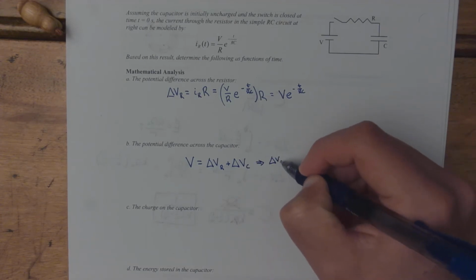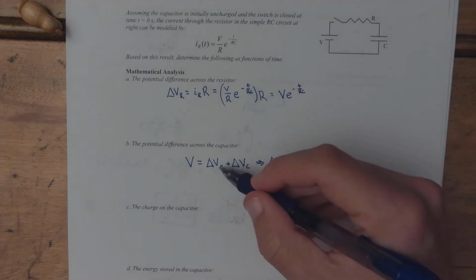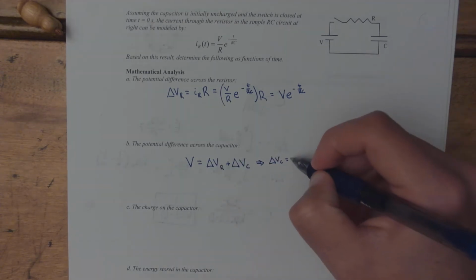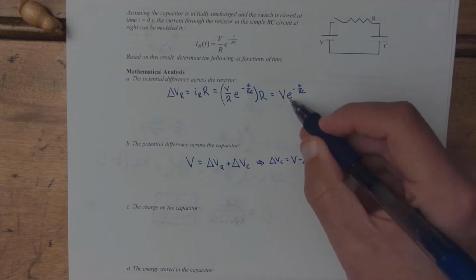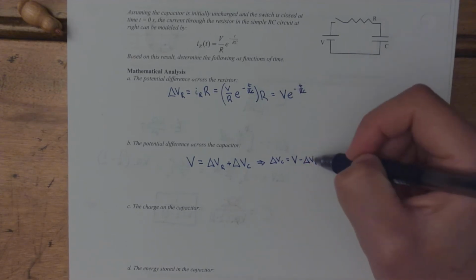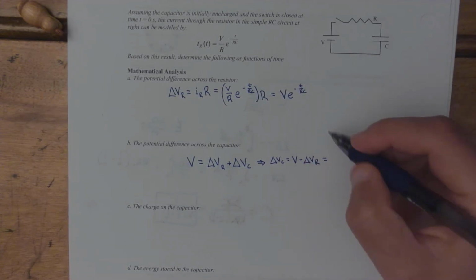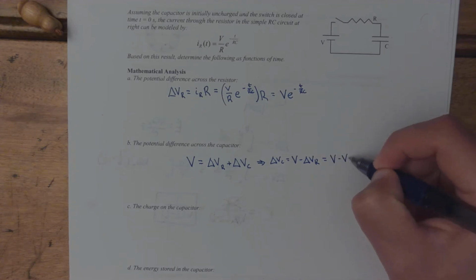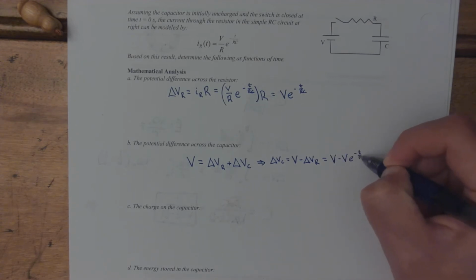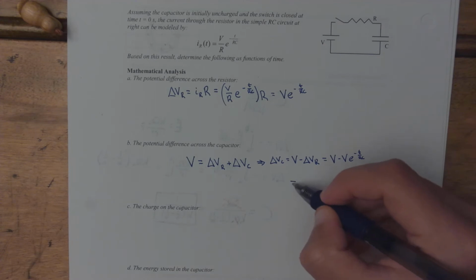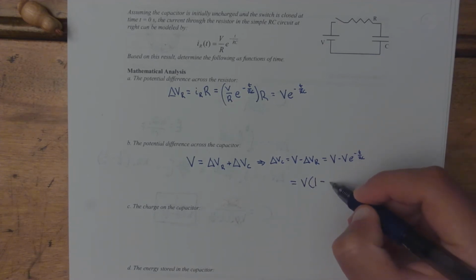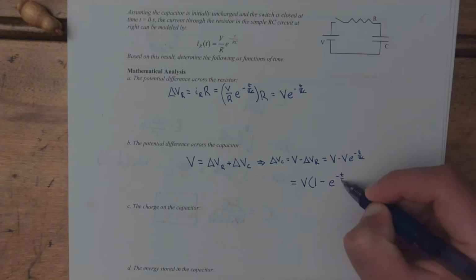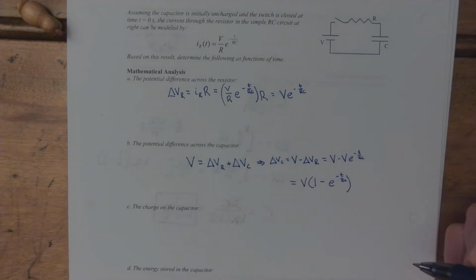Therefore, delta VC, if I bring the delta VR over to the other side of the equation, is V minus delta VR. And I have delta VR up here, so I'm just going to plug it in down here. And I have V minus V e to the negative t over RC. Then I can pull the V outside and say V times (1 minus e to the negative t over RC).